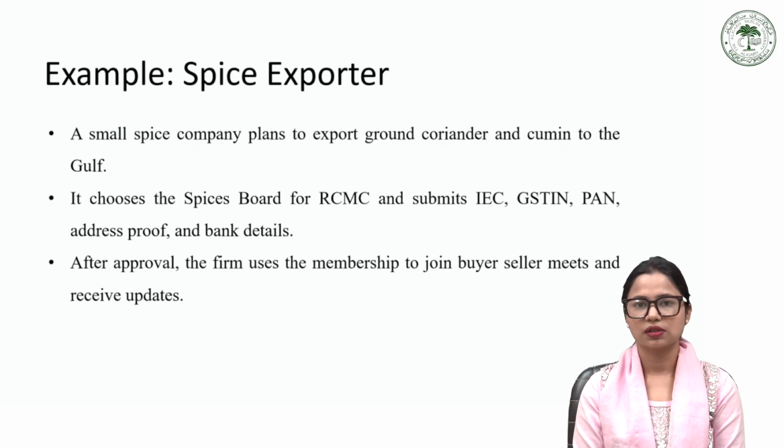And in this process, they use the IEC number, the PAN, GSTIN, address proof of the company, and bank details in addition to the cancelled check. Once these documents, the proofs of evidence, and all the information furnished by the exporter on the DGFT portal or the specific council's portal is approved, the firm then uses the membership to join buyer-seller meets and receive updates.